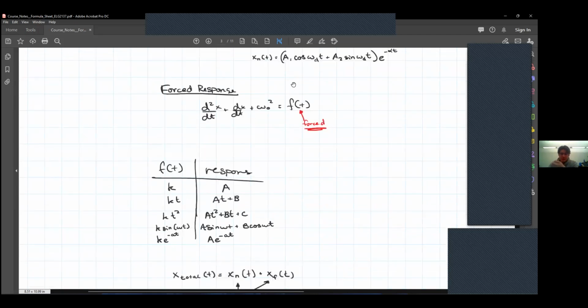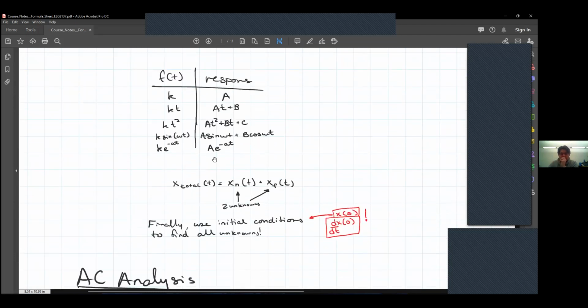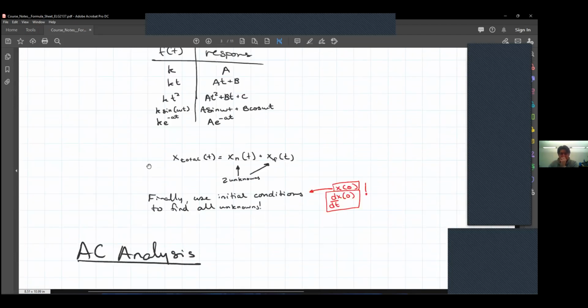you're going to find what the forced portion of the response is. And your complete response is simply the sum of both of those. So it's the sum of the natural response and the forced response. Once you do that, you're going to have 2 unknown values in your solution. But you're also going to have 2 functions and your initial conditions.